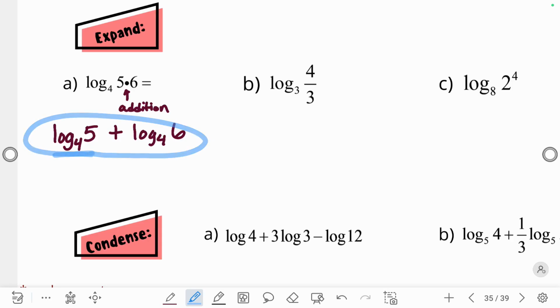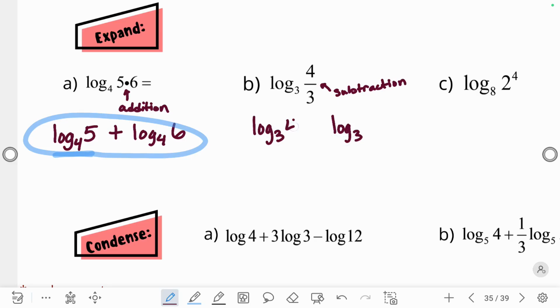Okay, so let's look at B. On B, we've got log base 3 of 4/3, or maybe better read as 4 divided by 3. So since I see division, according to our quotient property, that's going to become subtraction. And so now I know I can just go ahead and write 2 logarithms, log base 3.